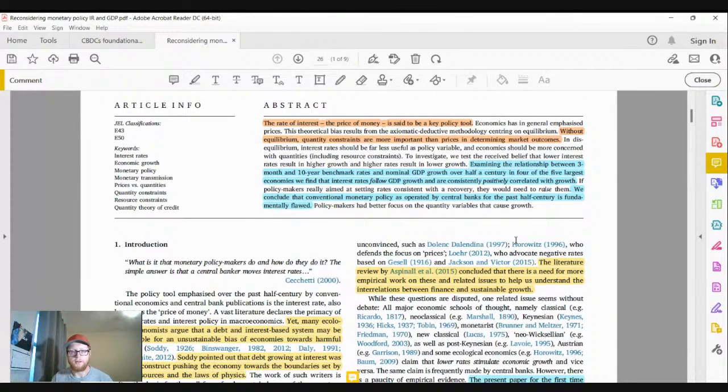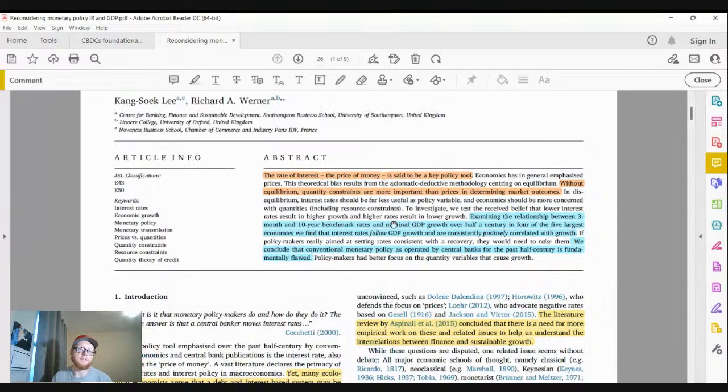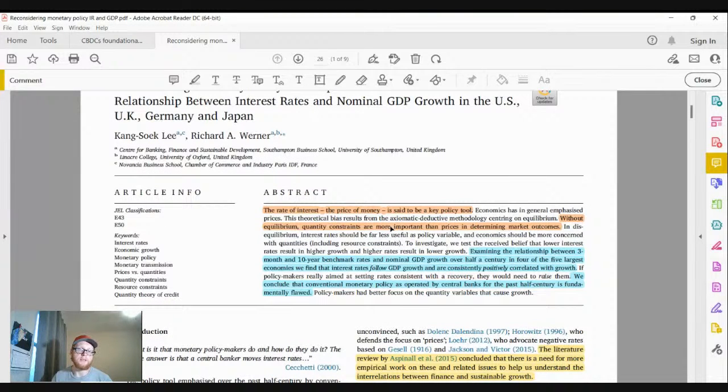And so we conclude that conventional monetary policy as operated by central banks for the past half century is fundamentally flawed. And keep in mind, this is from the man who essentially invented quantitative easing. I'm pretty sure he's the one who actually coined the term when he was an advisor for the Bank of Japan.